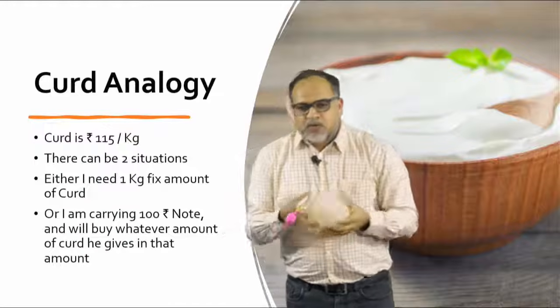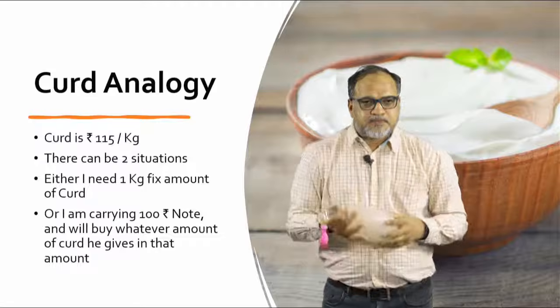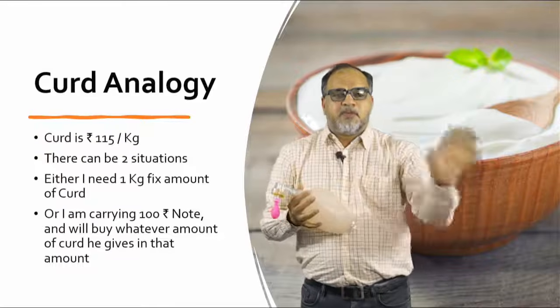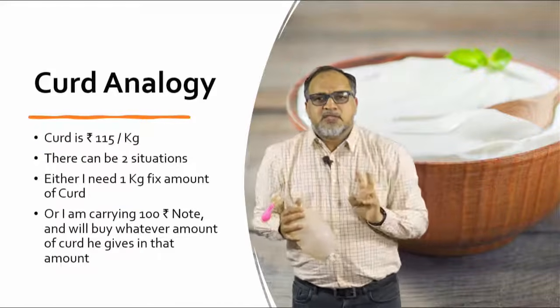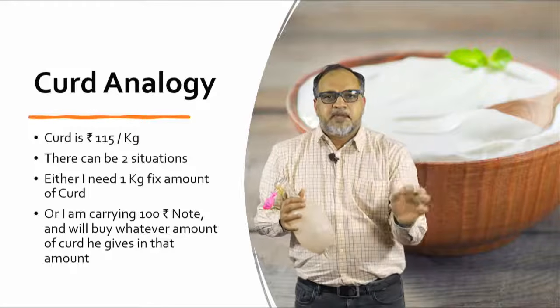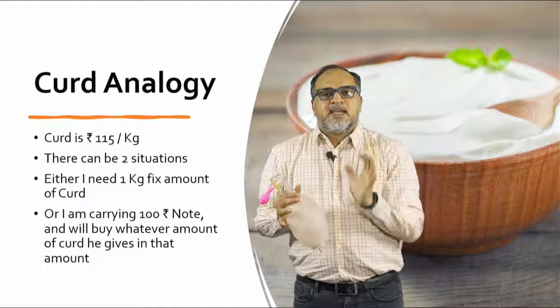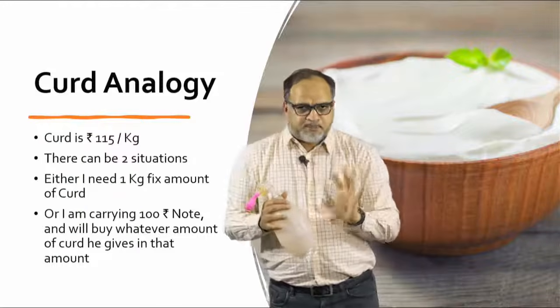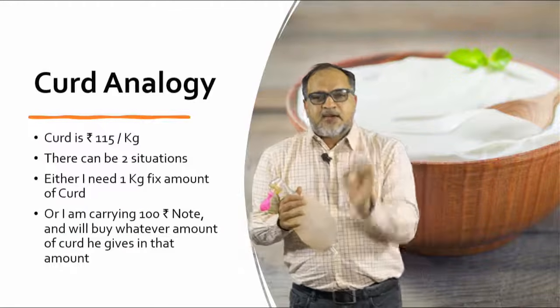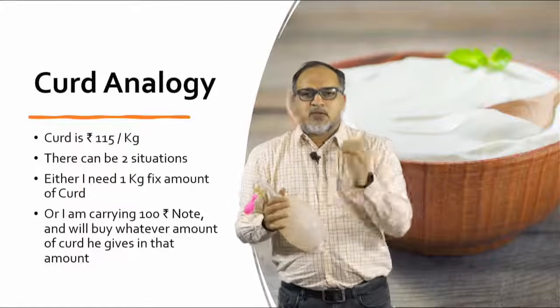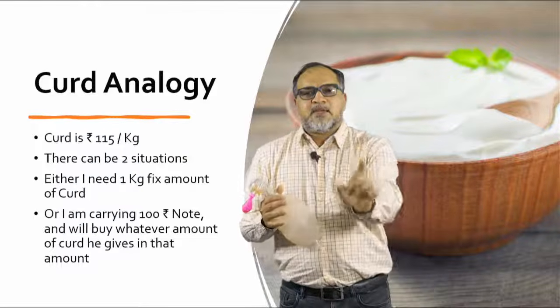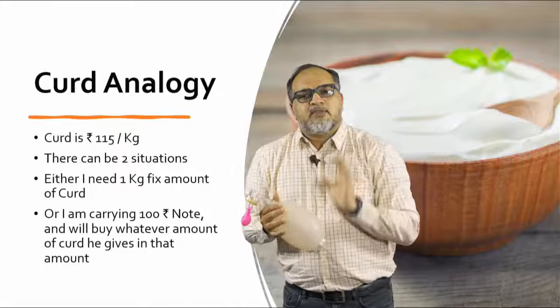Let's say I go to a shop and buy curd. Now curd is 115 rupees per kg. Now there can be two situations. Either there is a recipe which demands that I make exactly 1 kg of curd, right? Either I need 1 kg fixed amount of curd. I'll go to the shop, ask him how much it will cost to take 1 kg of curd.